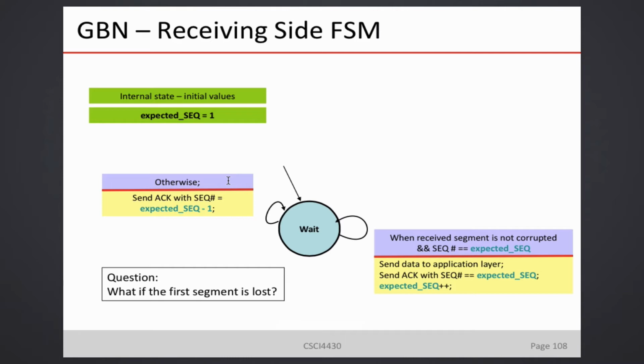I will expect 6, but you still send me some other things that I am not interested in. What is not interested in? The data sequence number is not equal to the expected sequence number. I'm not interested, so it will keep on saying no, I don't want it, I don't want it, something smaller than the expected sequence number.